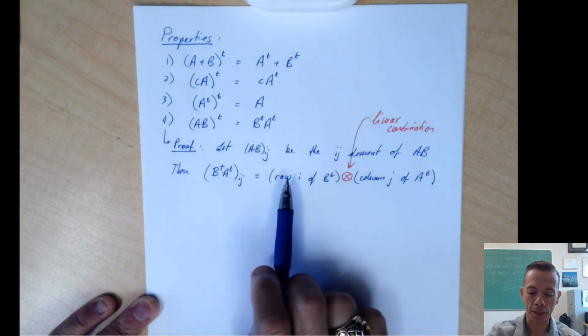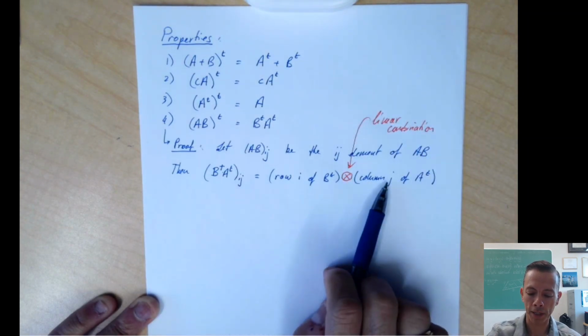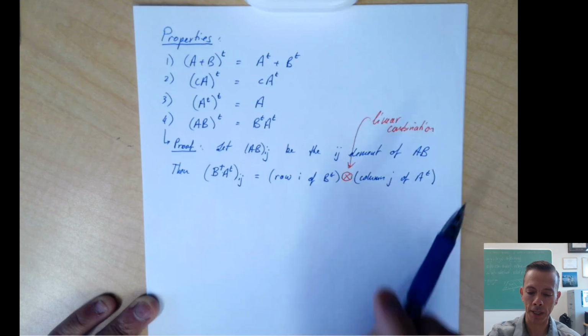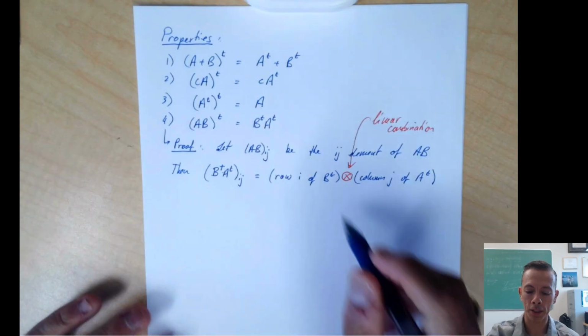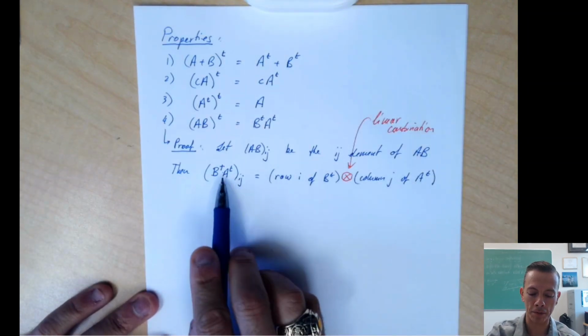So you take the corresponding elements in row I and column J of AT, and you go all the way through the row and through the column doing linear combinations, and the result is the element IJ of BTAT.